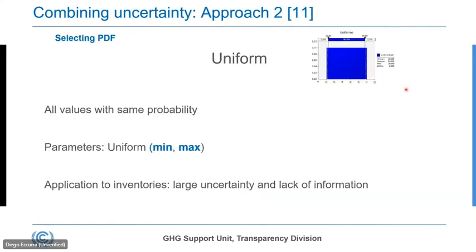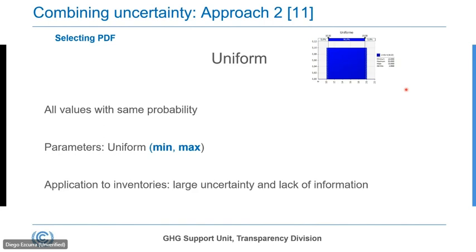So what are the most common probability density functions you may use, and when you may use one or the other? The most basic probability density function is just to assign uniform probability to any variable.